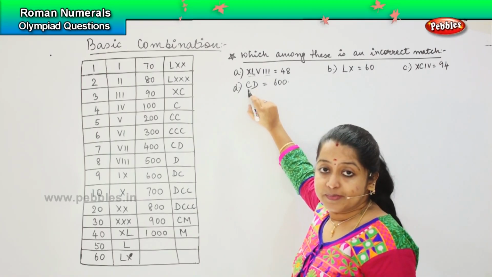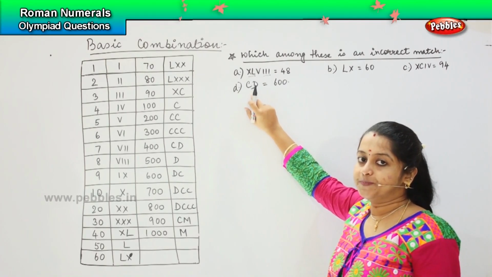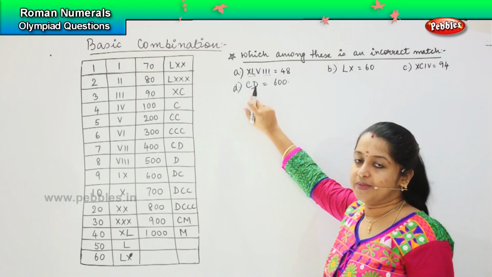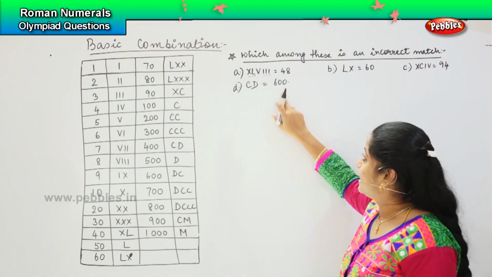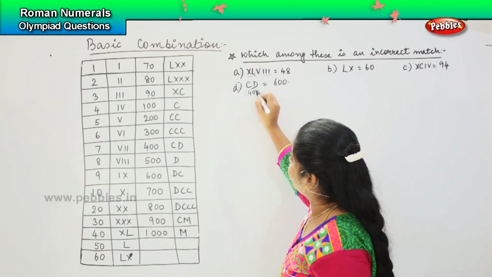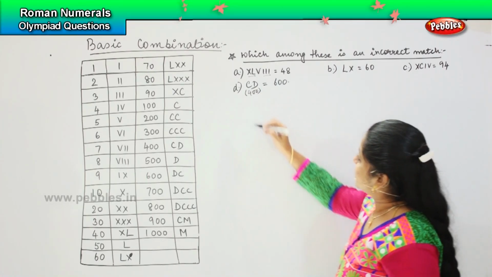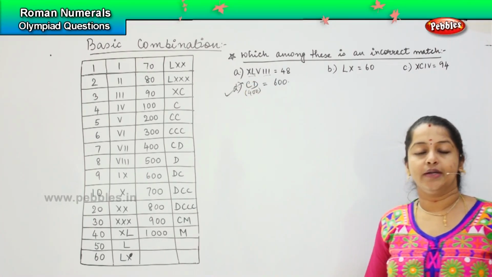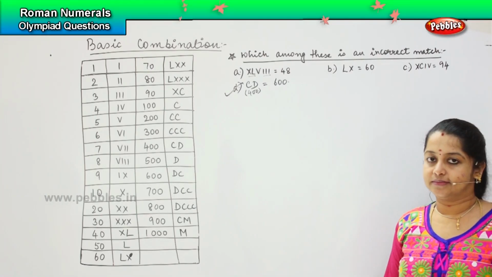The symbol with the smaller value comes first. So it has to be a, very good, it needs to be a subtraction, right? So 500 minus 100, this value should be 400, wherein they have derived and written it as 600, which means this is the odd one out. Clear? Shall we move to the next one?